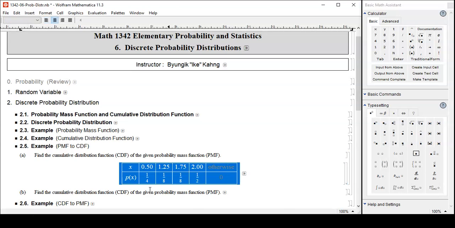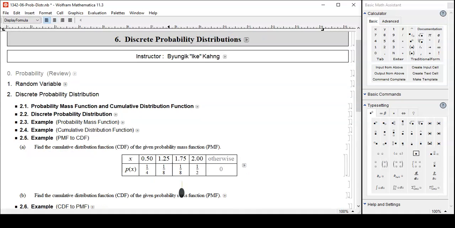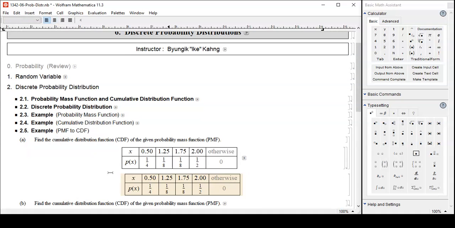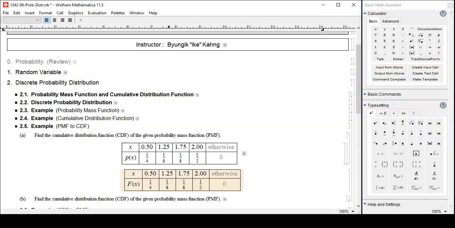This is a copy of probability mass function, PMF. So let's go to cumulative distribution function. So let's go to capital F. And then numbers are 0.5, 1.25, 1.75, 2.0.